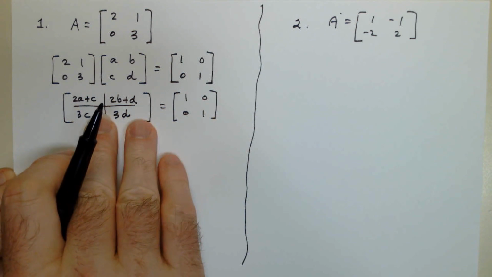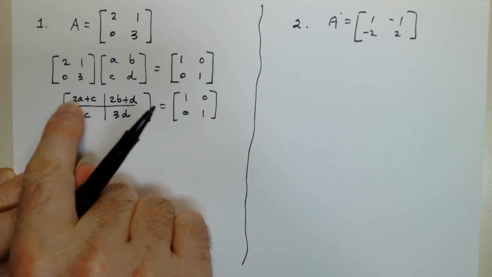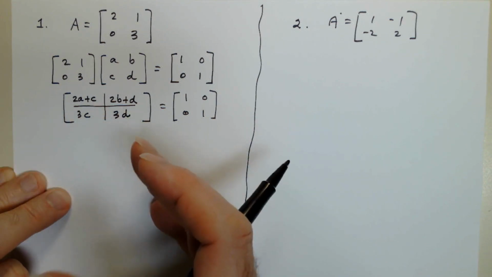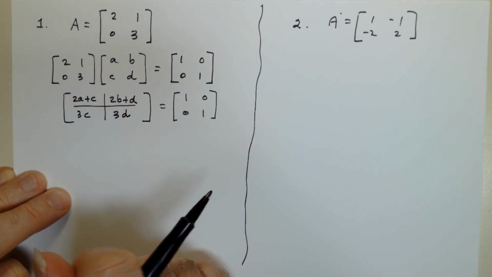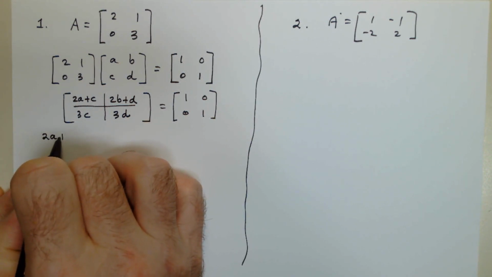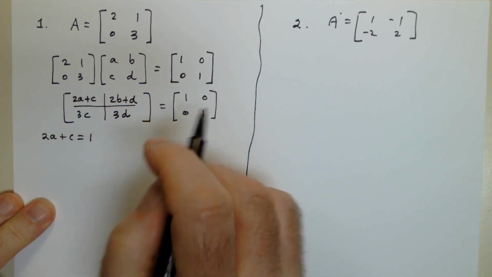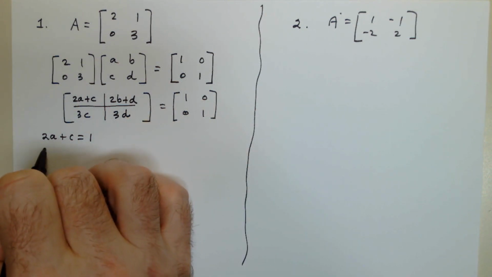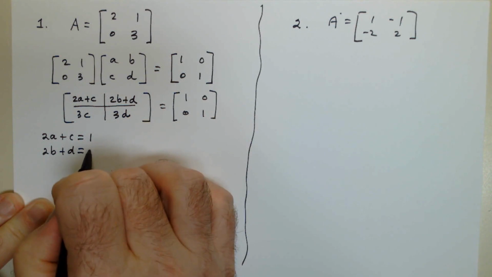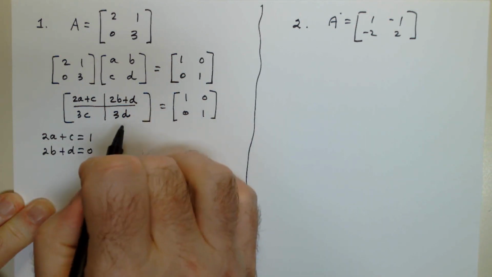Okay, now, if these matrices are going to be equal to each other, they, of course, have to be equal entry by entry. And so this is going to give me 4 equations in the 4 unknowns. 2A plus C equals 1. We're also going to have 2B plus D equals 0. 3C equals 0.